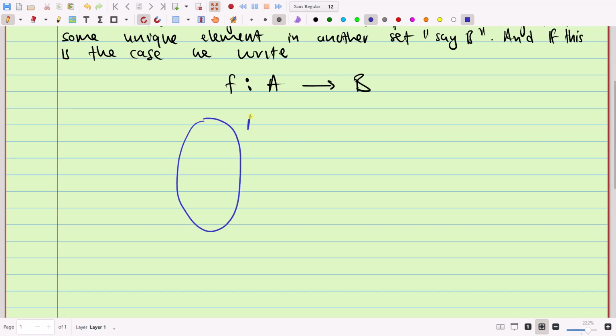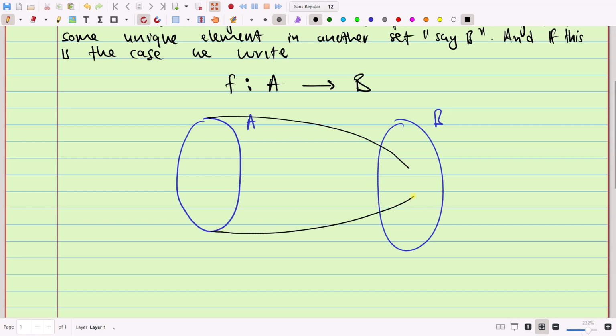The set A can be represented as a Venn diagram like this, as well as the set B. What a function does is that it takes the whole set A and maps it to the set B, so that all the elements that reside in A are mapped to some subset which resides in the set B. That's what f does.